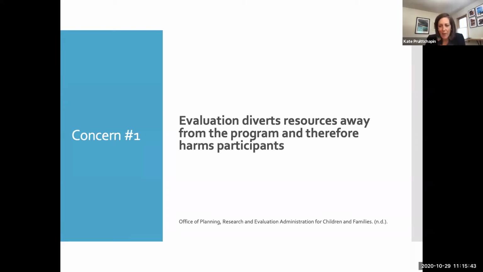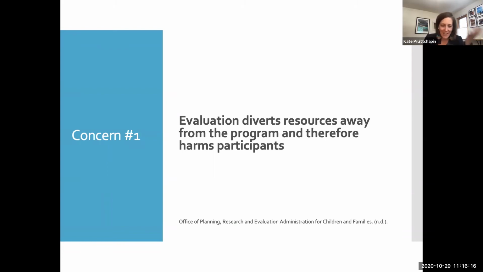And my response to that would be that an evaluation will help you determine what does and does not work in a program. And because it uncovers what works best, it's actually very beneficial for your participants. So without an evaluation, you're providing services with little or no evidence that they actually work. And that is harmful to your participants.